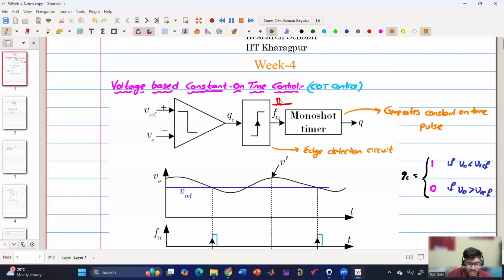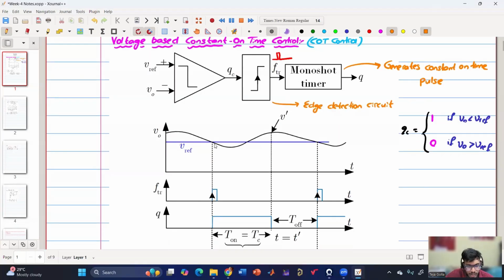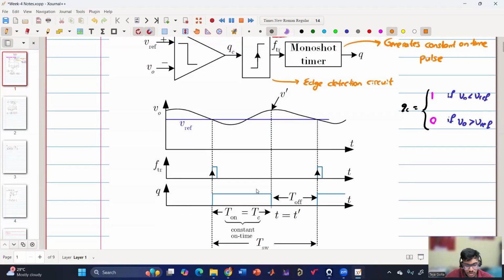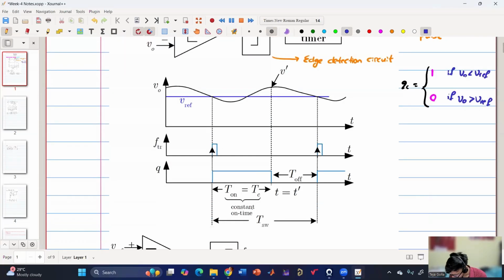The moment the edge detection circuit detects this rising edge, that is, whenever V0 is going below Vref, this type of trigger signal, named FTR, will be generated. Once the edge detection circuit generates this trigger signal, the monoshot timer generates an on time gate pulse. This constant on time is predefined, and we can vary it as well.